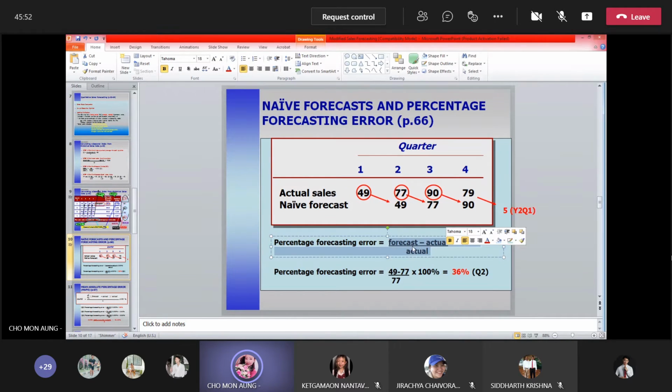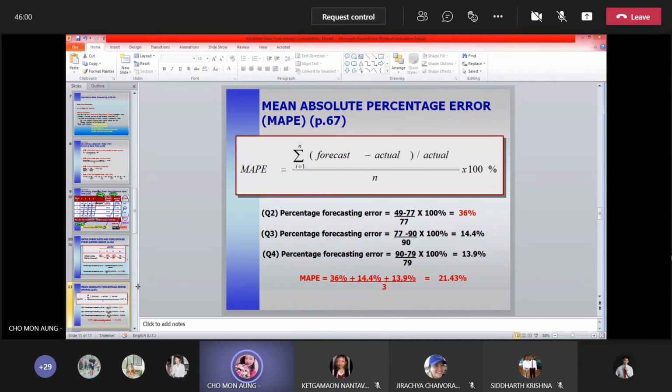So you may use this equation, plug in the numbers for quarter 2, 3, 4, or from here, for each quarter, we have the percentage error already. So we just plug in these percentages. We divide by 3 because there are 3 quarters. So overall MAPE, or overall mean absolute error within 1 year, year number 1.